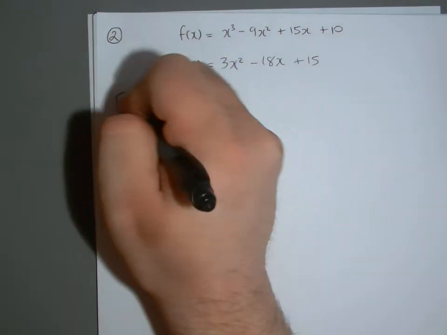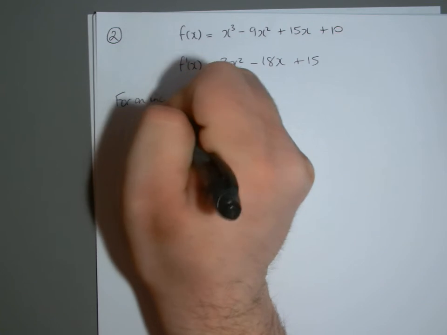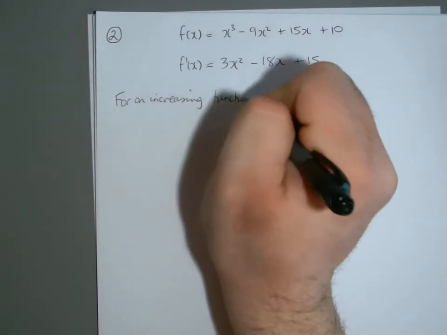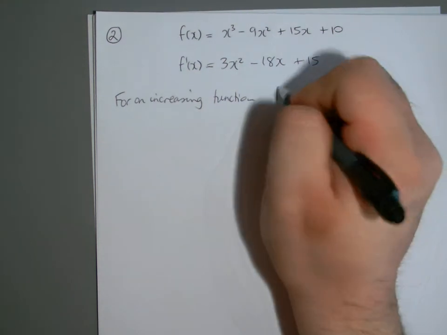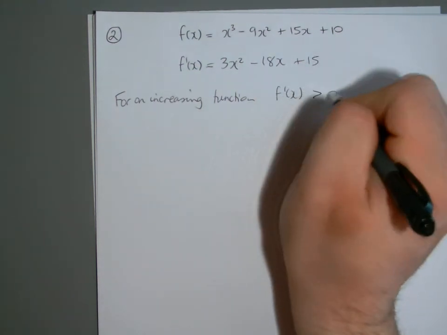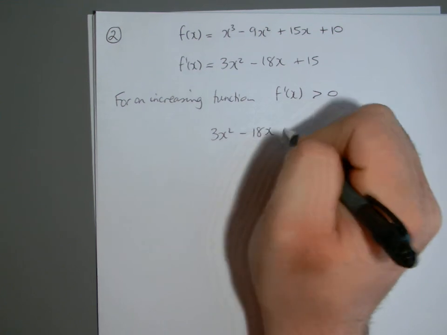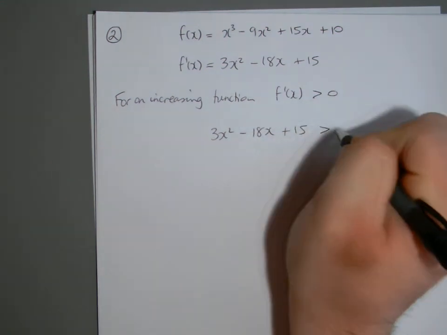So for the increasing function part, we need the gradient, f dash of x, to be positive. In other words, 3x squared minus 18x plus 15 to be greater than 0.